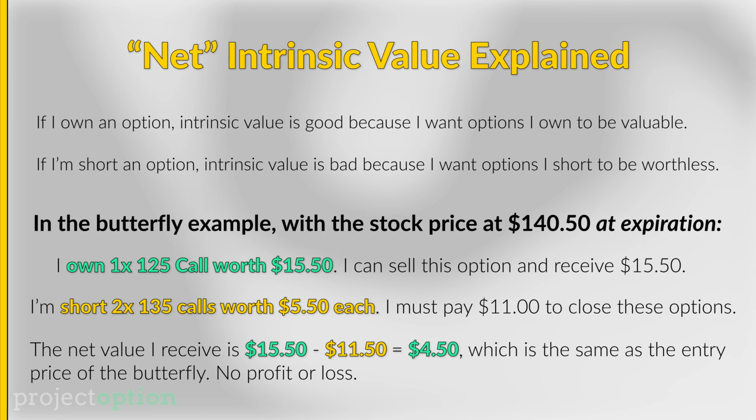So if I need to buy 2 call options that are worth $5.50 each, then I will need to pay a total of $11 to close those 2 call options. So if I sell the 125 call for $15.50 and I pay $11 to close the 135 calls, then I essentially am only going to receive a net value of $4.50. So that's why I call it net intrinsic value.